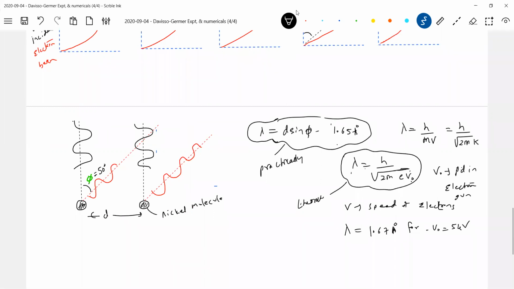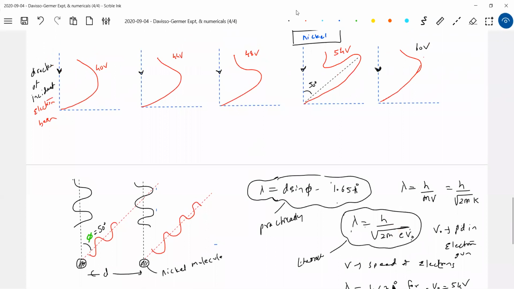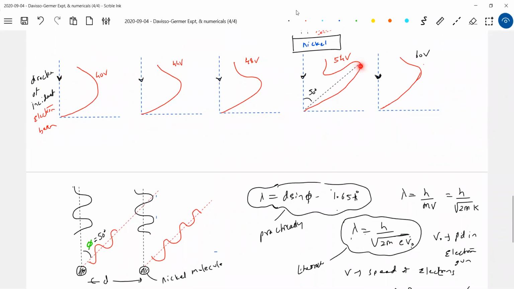If I take a proton, then take the mass of proton and first calculate the λ involved. So what should be the accelerating potential? In the Davisson-Germer experiment, this V naught is very important. What is V naught? The accelerating potential for which the peak will be noticed here. So how do we calculate that accelerating potential?